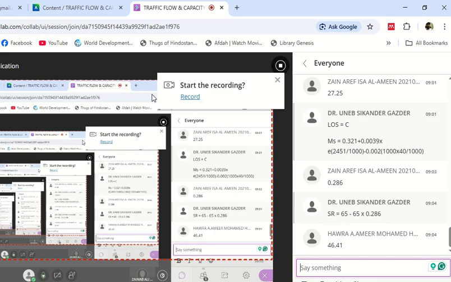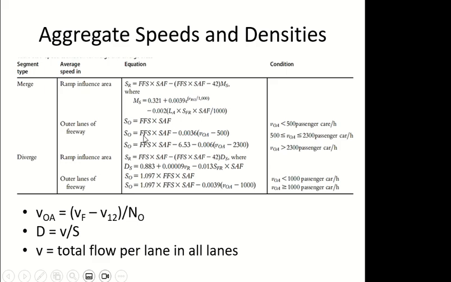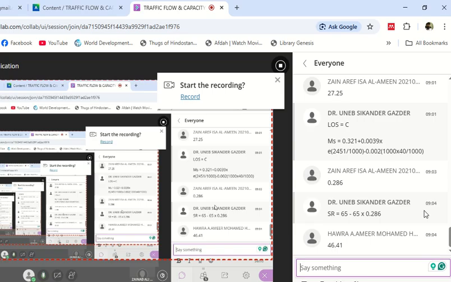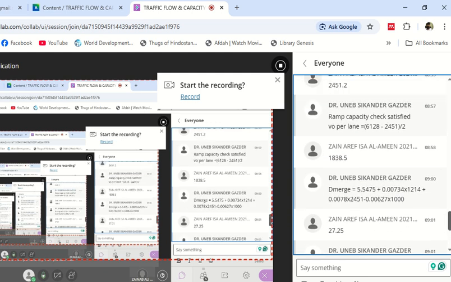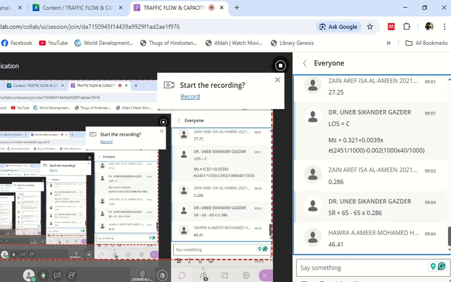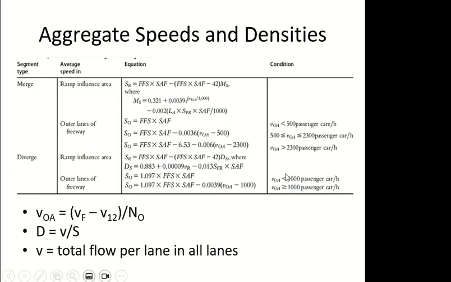Okay, so this is for this one, then this one. We have to select the equation based on the VOA per lane. My VOA per lane was how much? 1838. Okay, so 1838 is here. So I'll use this equation.